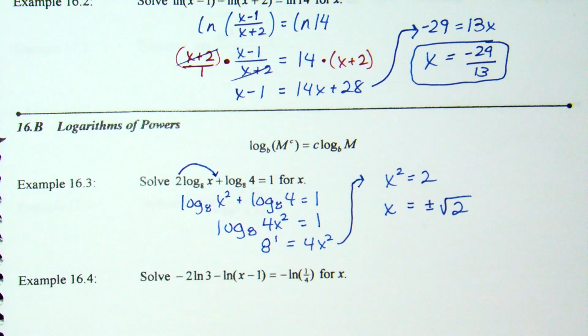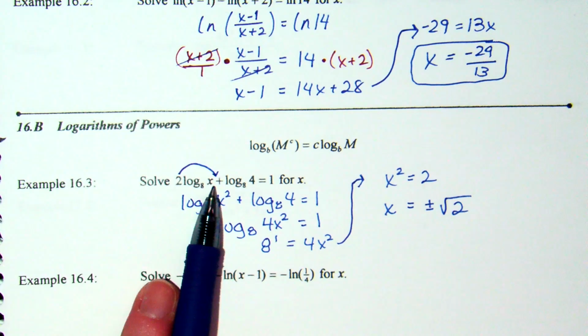What could possibly be a problem? The plus or minus? If you go back to the original equation, we have to be able to plug this into the log. Can we take the log of a negative number?